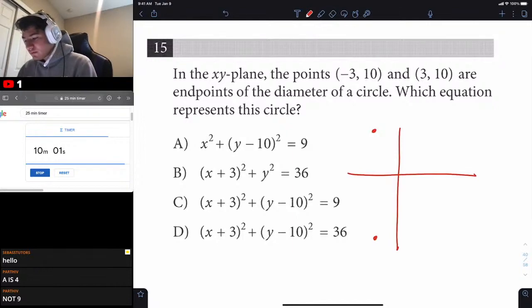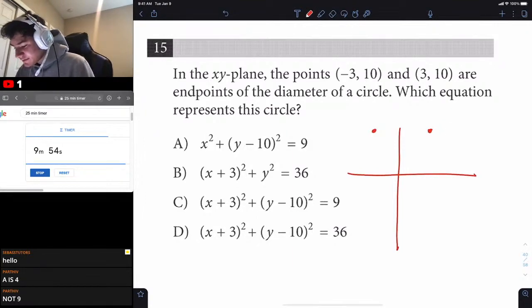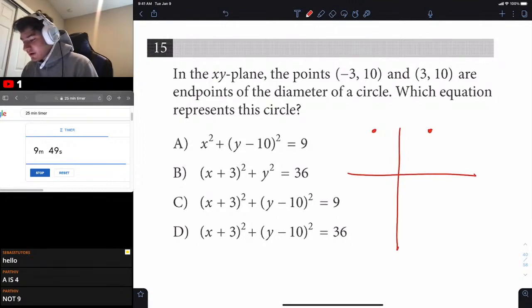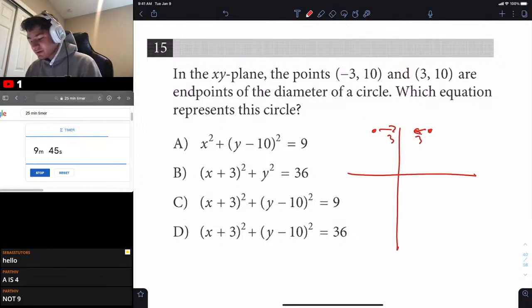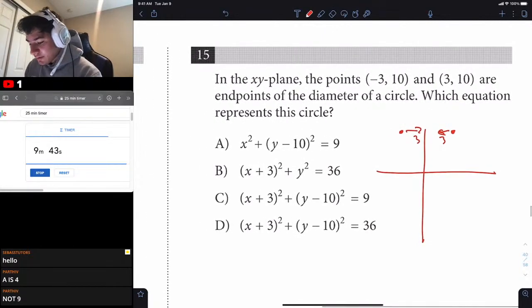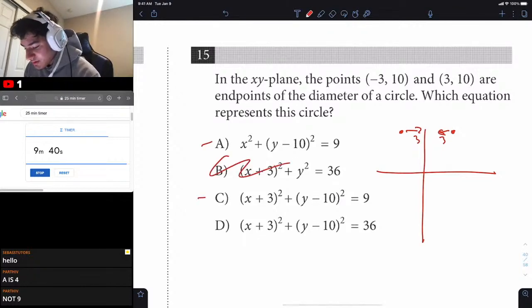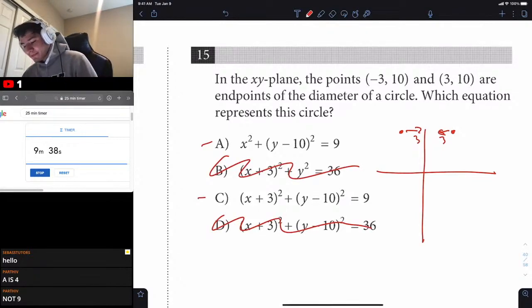Oh wait, no, totally wrong, my bad. It's going to be over here, something like this, right? So the radius has got to be 3, right? Because it's 3 this way and 3 this way. So 3 and 3, cool. Radius is 3, so that means it's either this one or this one. This is out. This is out. And then we just need to find the center of the circle, which in this case is going to be 0, 3.